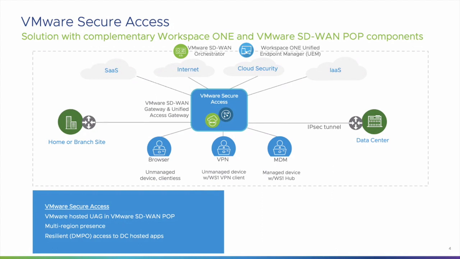When the traffic has to go from the POP to the data center, if there is an application hosted in the data center, then the user experience can be enhanced because the DMPO, between the POP and the data center edge, will work on figuring out what is the path with the least latency, jitter, and packet loss, right? Enhancing the user experience. So these are all the advantages that VMware Secure Access brings in as compared to the traditional remote access technologies.